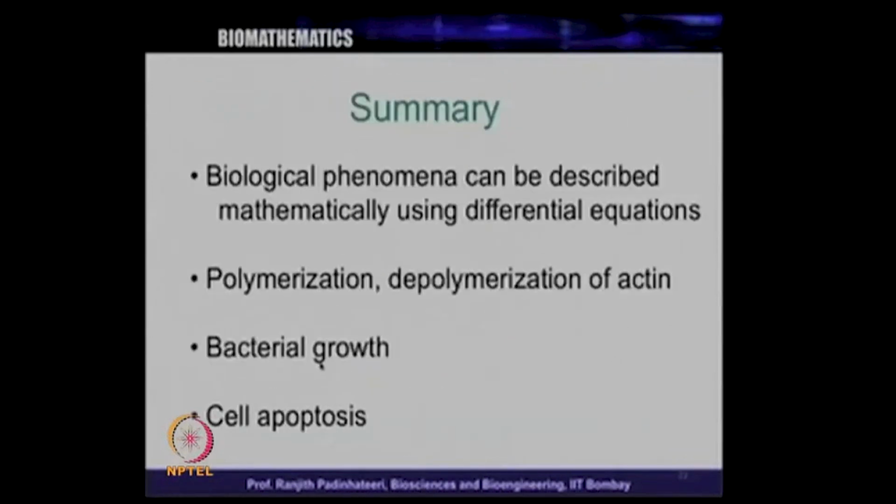So, let us summarize what we saw. Biological phenomena can be described mathematically using differential equations, and for examples we described polymerization and depolymerization of actin, bacterial growth and cell apoptosis.